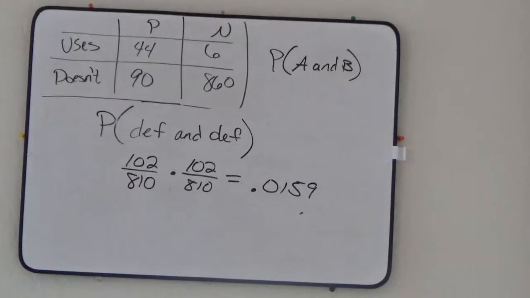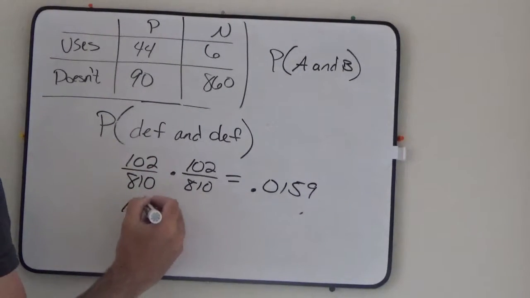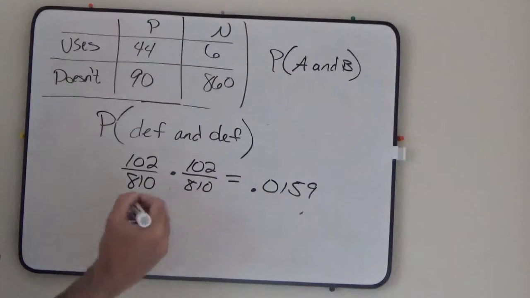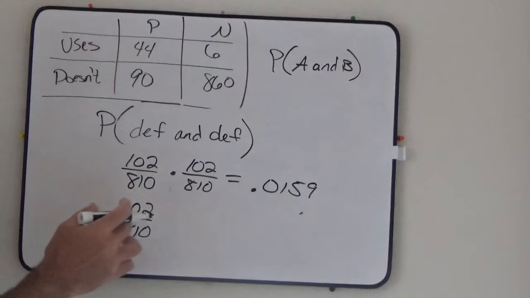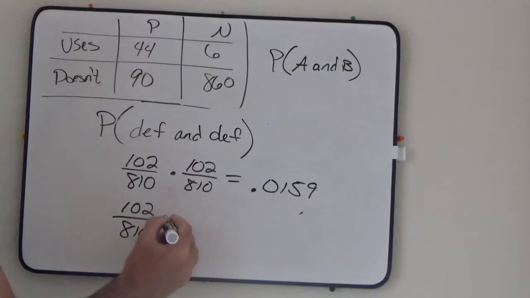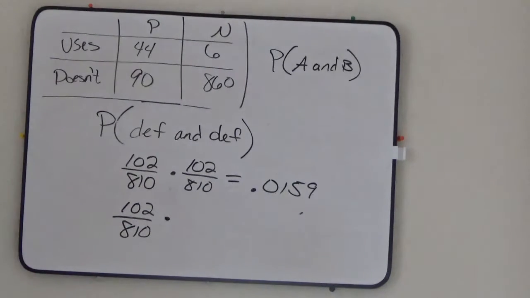Okay. Without replacement, this is what's going to happen. The first probability of defective is still 102 out of 810 because there's nothing affecting that result. We're still looking for a defective one. That's 102 out of 810. However, that one is not replaced, which means 2 things are being affected here.